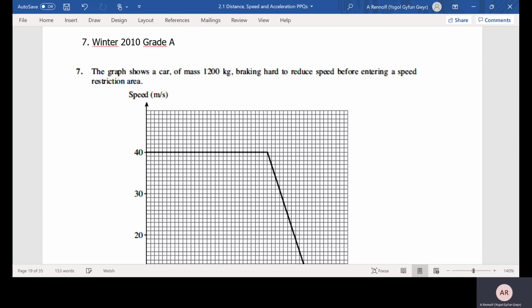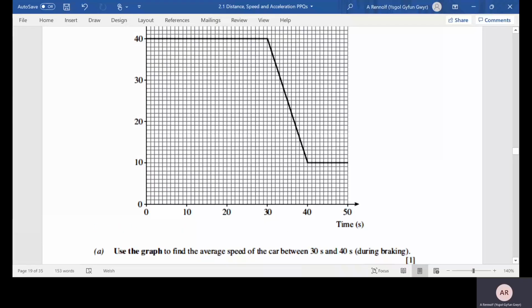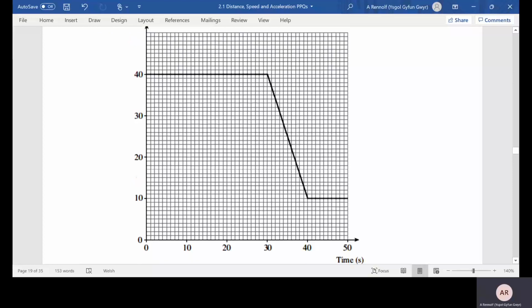So the graph below shows a car of mass 1,200 kgs, braking hard to reduce speed before entering a speed restriction area. Use the graph to find the average speed of the car between 30 and 40 seconds. One way to do this is to just find the halfway point of the graph, which is there, 25. Halfway on a straight line is the average.